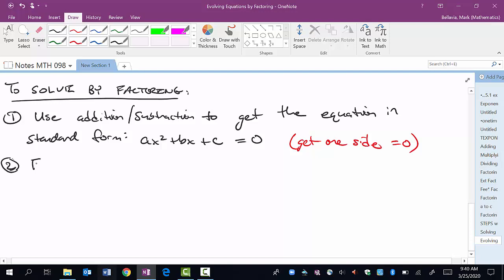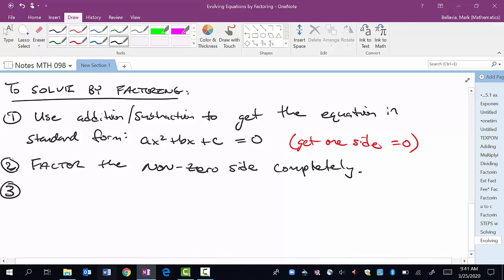Step 2, you want to factor what I'll call the non-zero side, right? The ax squared plus bx plus c side completely. Once you've done that, you factor everything completely, you'll have a bunch of factors being multiplied together. You have a product. And when you have things multiplied together equal to 0, what you can do is set each of those factors equal to 0 using the zero factor property.